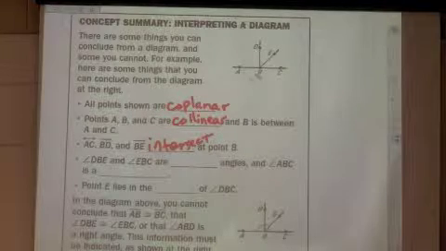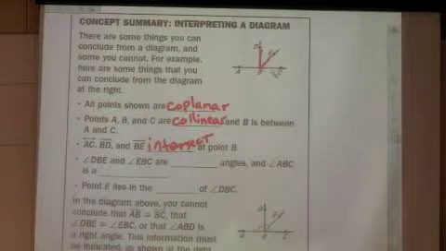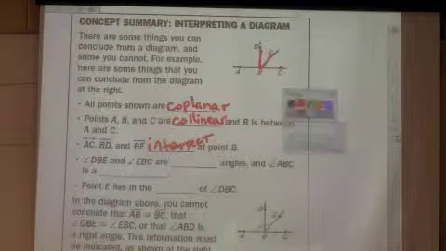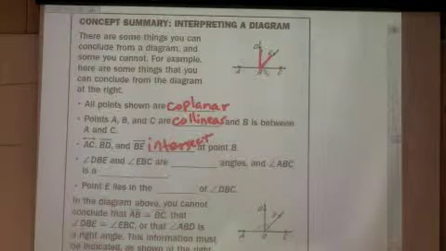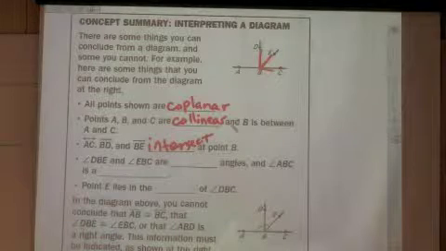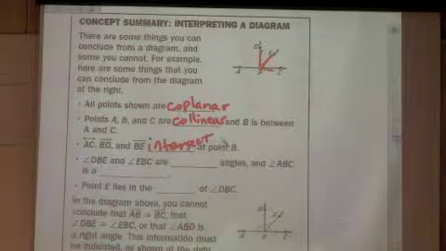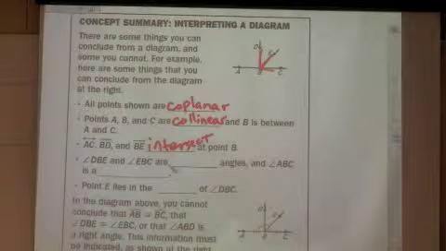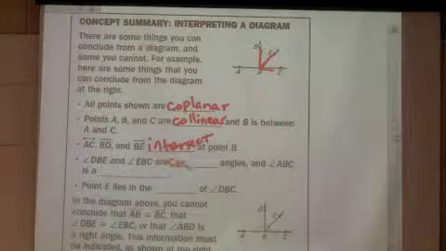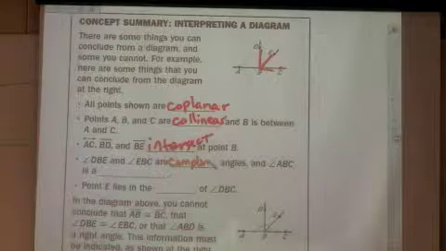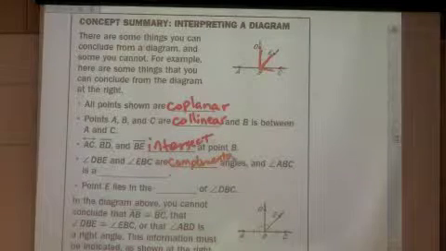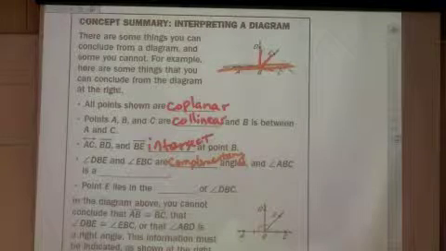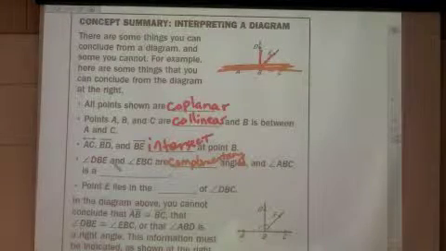Okay, angle DBE, that's this one here, and angle EBC, that's this one here in orange, are blank angles. Malinsky? Complementary. Boy, they don't give us a lot of room, do they? Angle ABC is a straight angle.